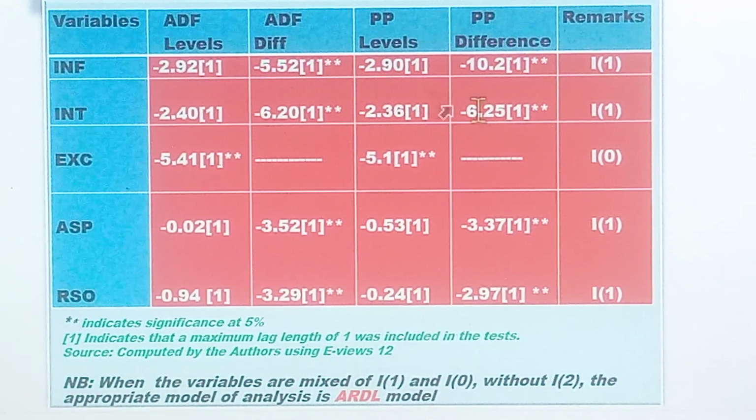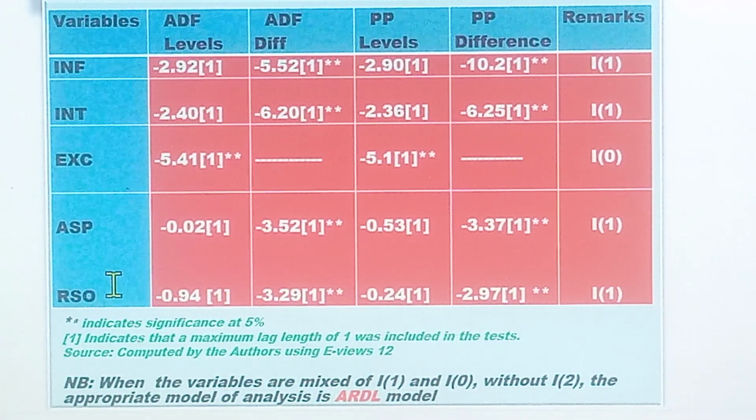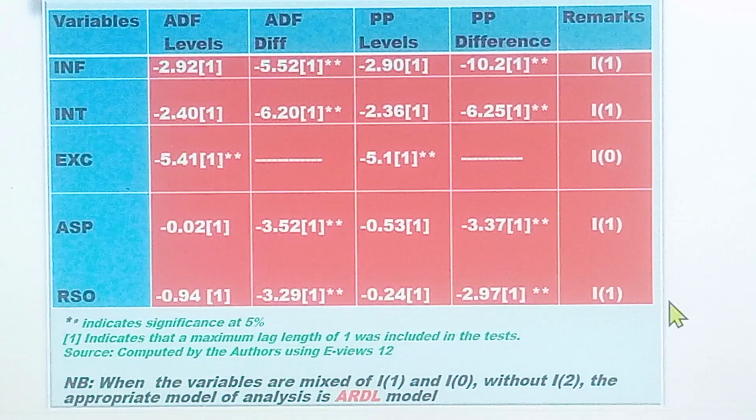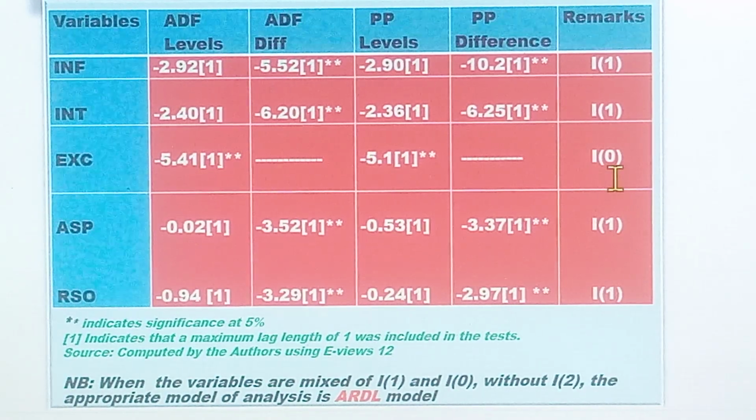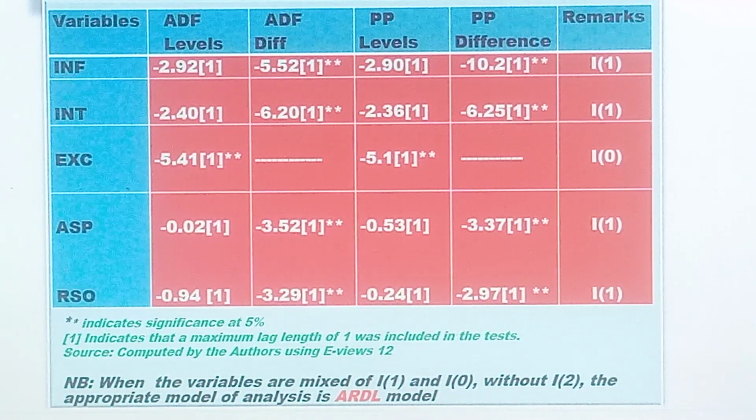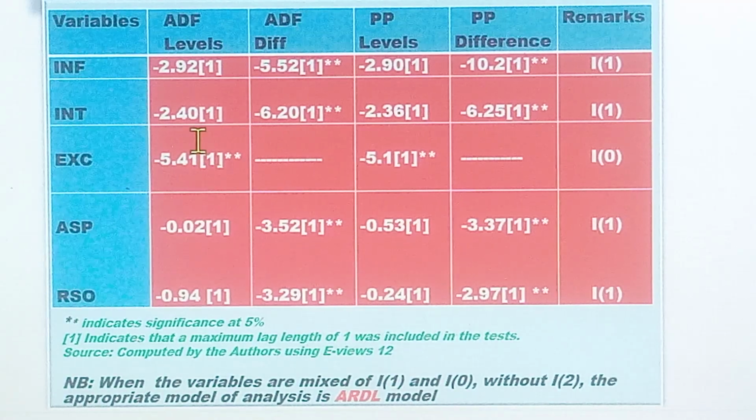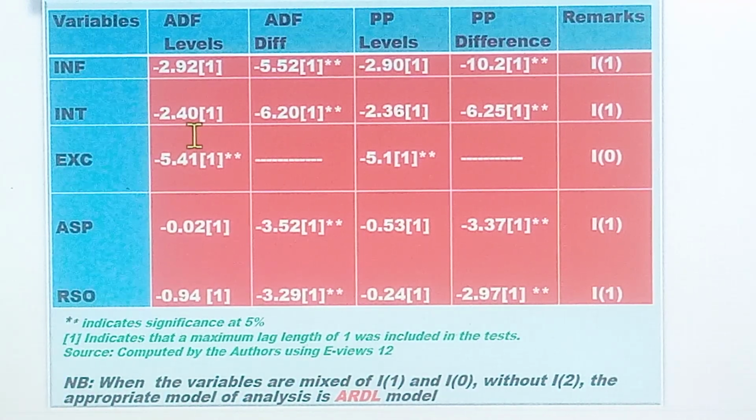But for the others, you see that they are I(1). That is inflation, interest rate, asset price, and real sector output. All of them are not stationary at levels. They are only stationary at first difference. Therefore, they are integrated of order 1, while exchange rate is integrated of order 0. So here, we say the variables have mixed order of integration. About 4 are I(1), 1 is I(0).